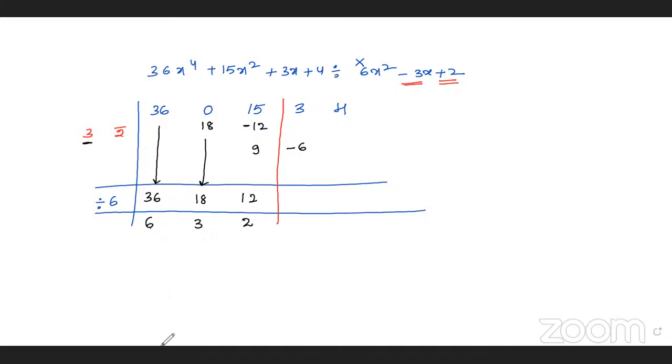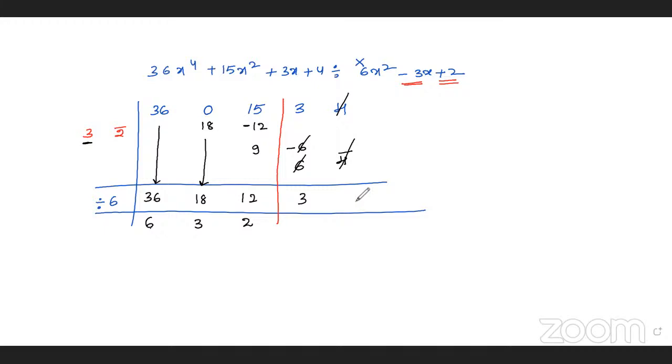Is it clear? Is anything wrong? Clear, sir. Right. Now 2 into 3 is 6, and this will be minus 4. So this value will be cancelled out. These two also cancelled out, left with x.